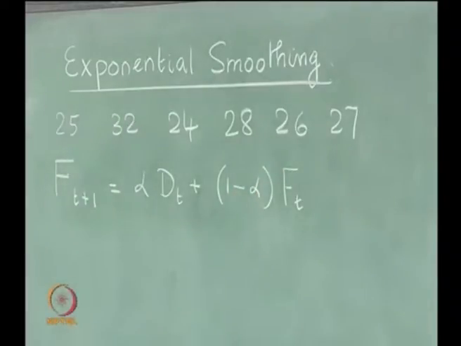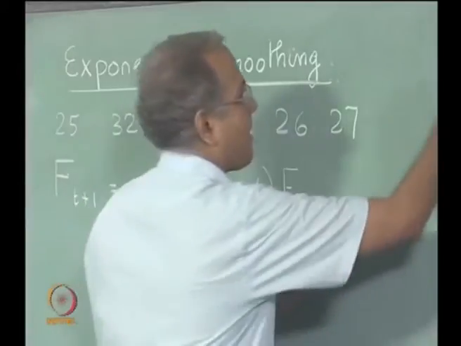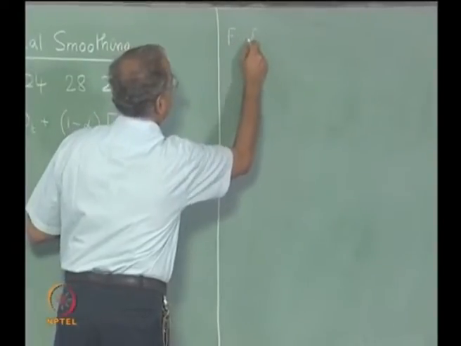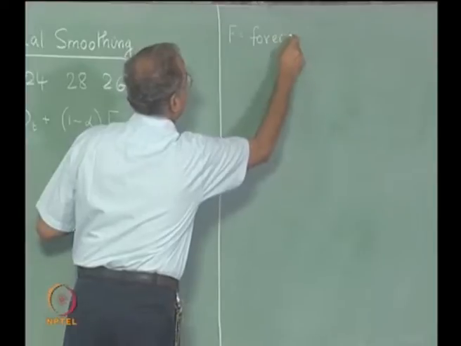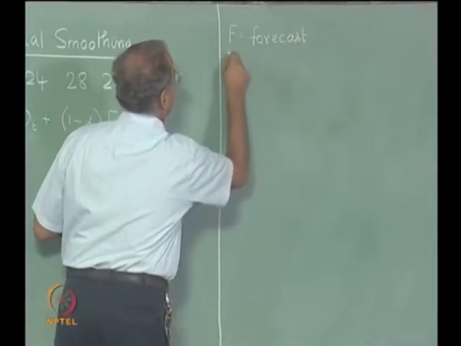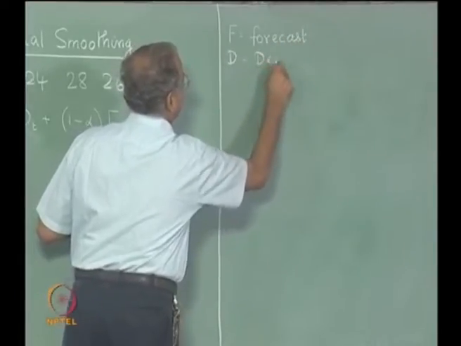F t plus 1 is equal to alpha D t plus 1 minus alpha into F t. I am going to follow this notation for some time, where F represents the forecast, and D represents the demand.